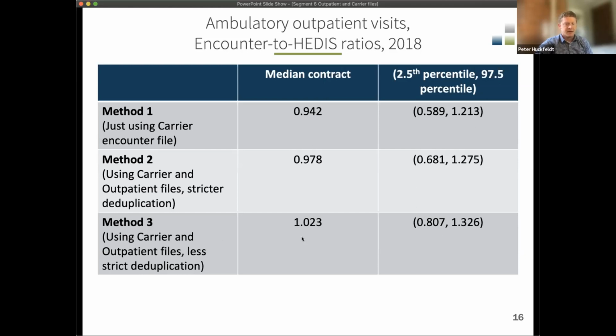In that case, our ratio is 1.023, which indicates that for the median contract we're capturing a slightly higher number of visits than is in the HEDIS data. In the 95% interval, the 2.5th percentile is 0.81, and at the 97.5th percentile the ratio is 1.3.